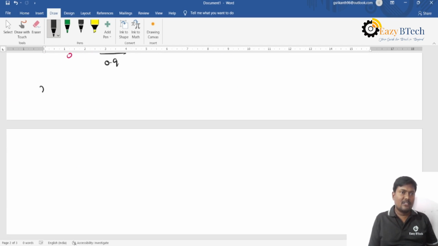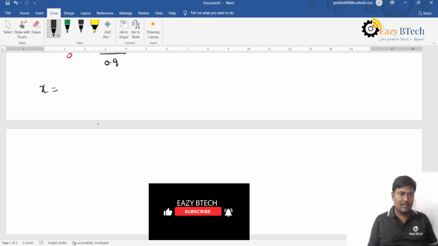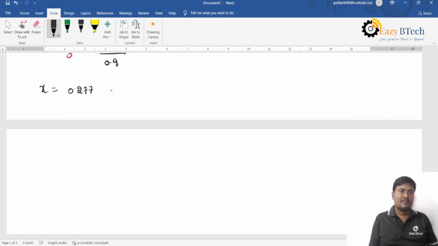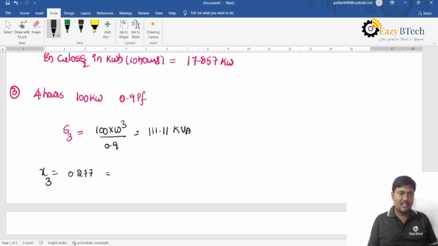X is equal to 0.2777. That means this is x3, 111.11 divided by 400 kVA.